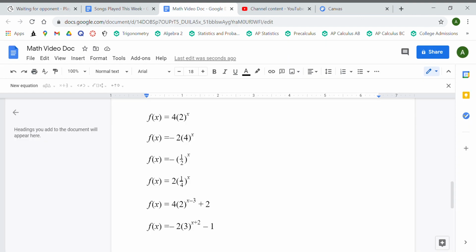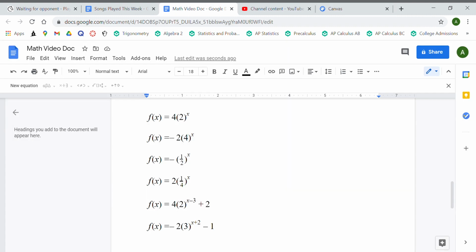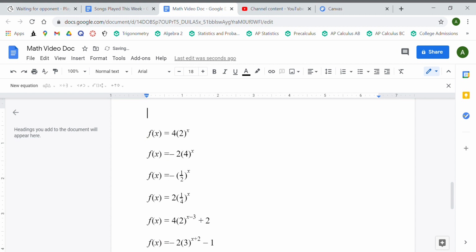Okay. So if you take a look here, we have 4 times 2 to the power of x. So what can we do here? Well, I'm going to give you a little hint. We are looking at exponential functions in the form of a b to the power of x.